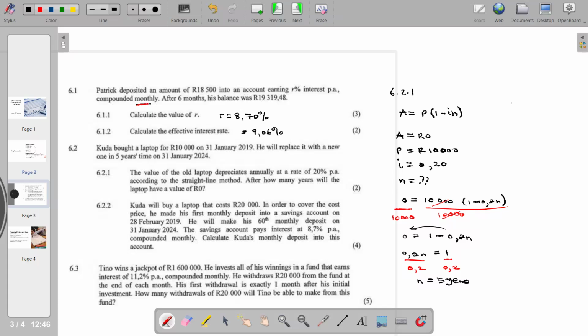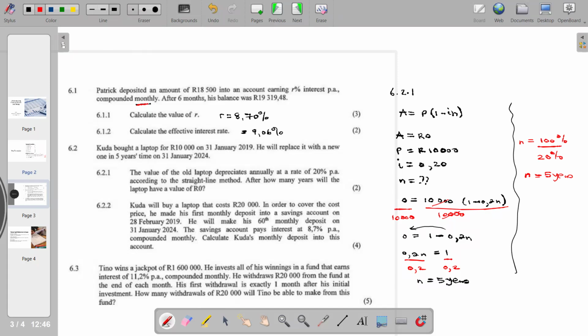Meaning to say, alternatively, it was possible to just say our n is equal to 100% divided by 20% if you are told the time it takes for the product to arrive at 0. So we would realize that in that case, our n again is 5 years.